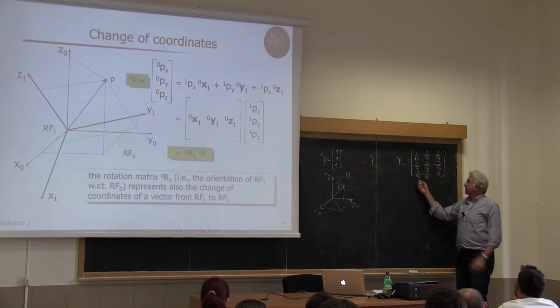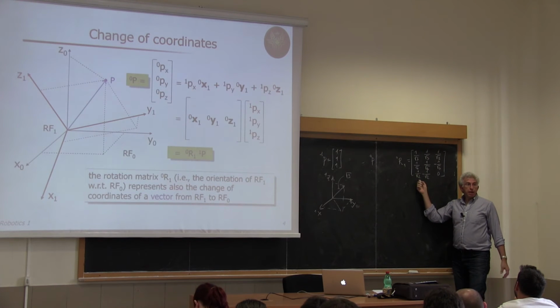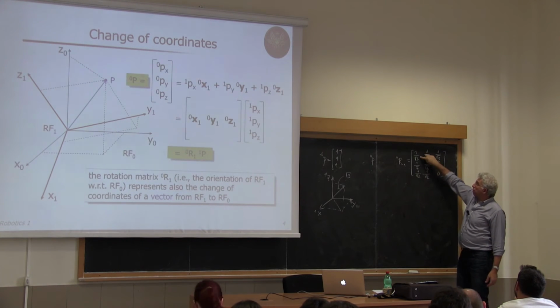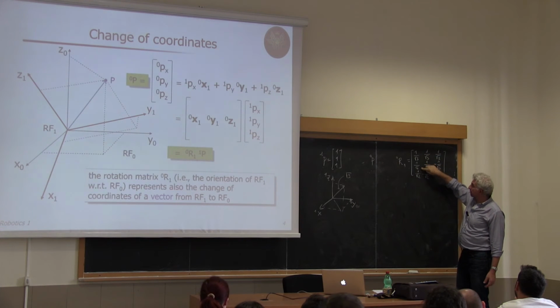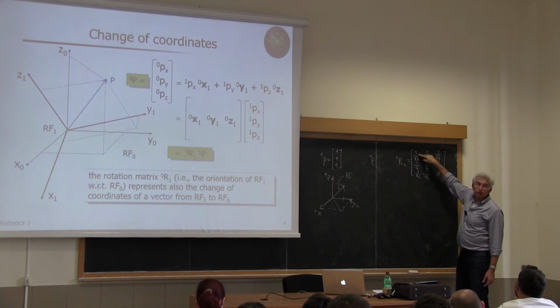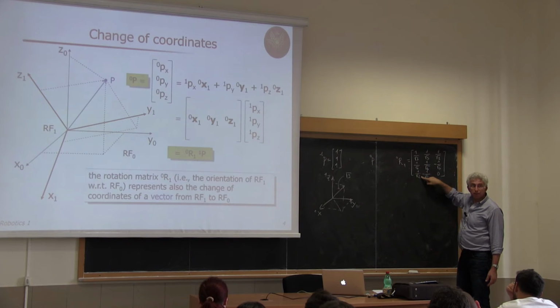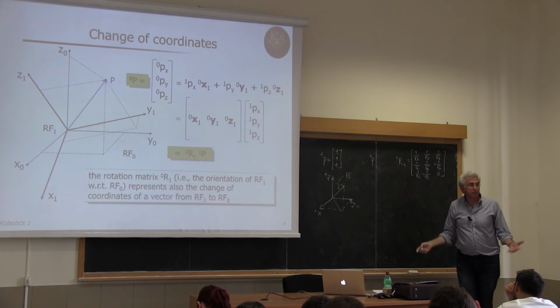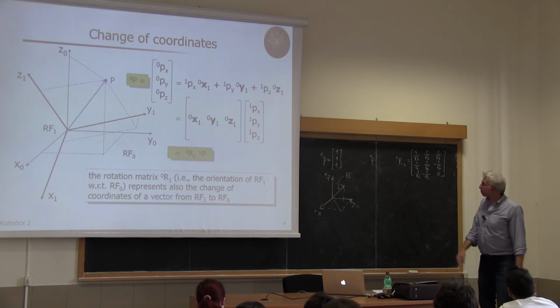Well, let's check the normality. The square of this is 1 over 3 plus the square of this 1 over 6 plus the square of this 1 over 2. So it's 2 over 6 plus 1 over 6 plus 3 over 6. So it's 6 over 6 is 1. Okay?